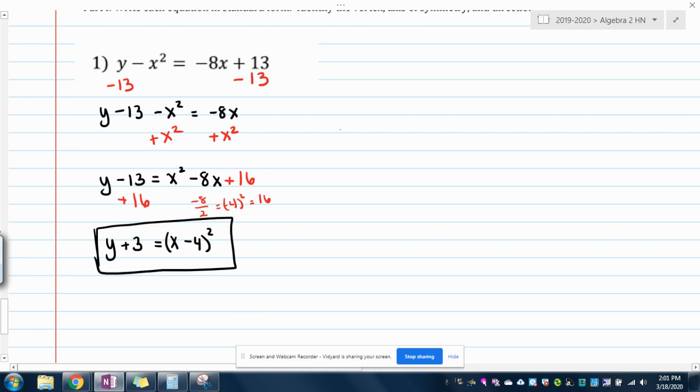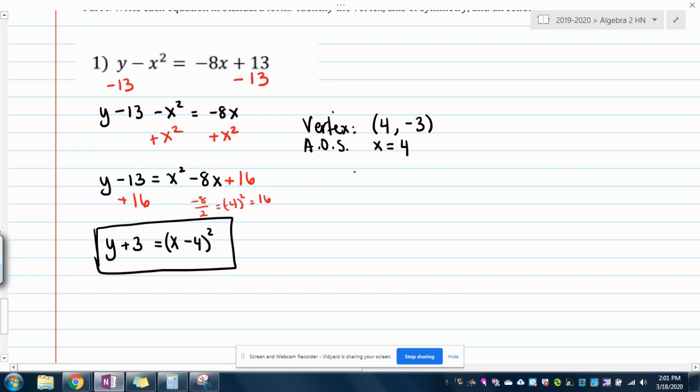Things we need to know. What is my vertex? I know it's going to be the opposite of -4, so it's going to be (4, -3). Again, it's negative, negative. It's the opposite of both. What is my axis of symmetry? So my axis of symmetry, this is a regular parabola, x is squared, so it's x = 4.